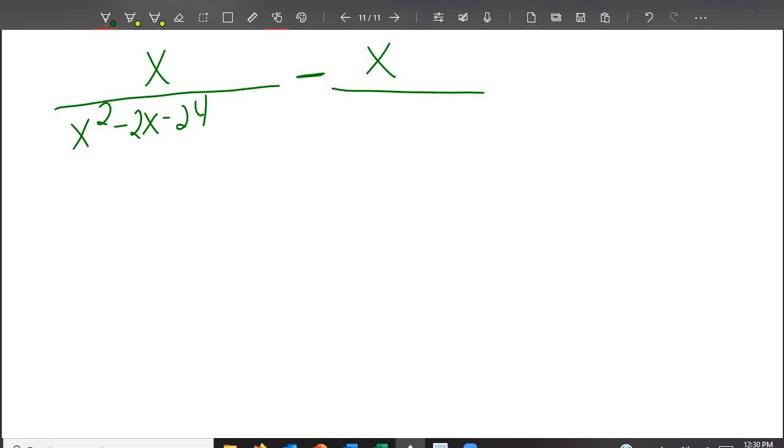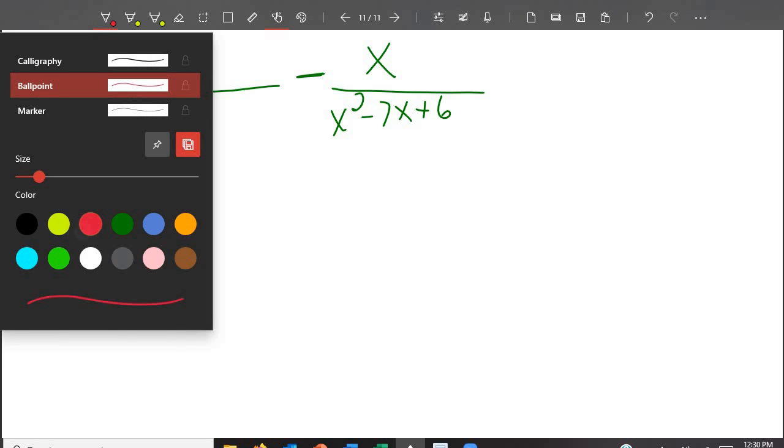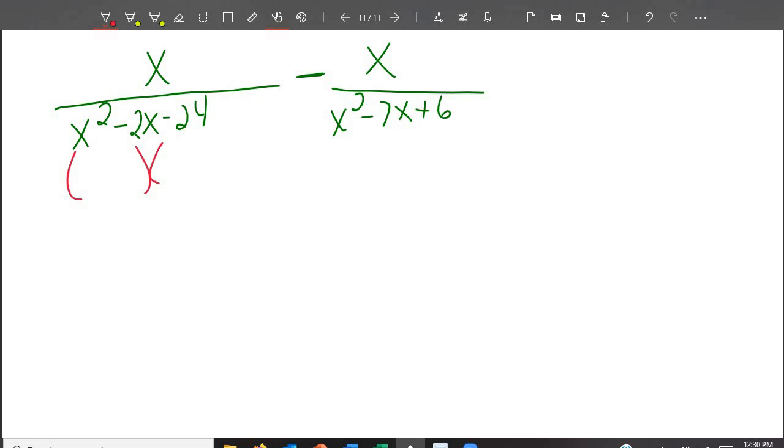Let's do x over x squared minus 2x minus 24, minus x over x squared minus 7x plus 6. Now, let's go factor this. This one is going to be x minus 6, x plus 4. This one's going to be x minus 6, x minus 1.